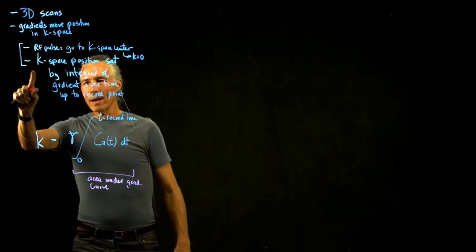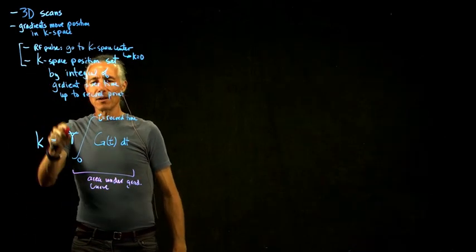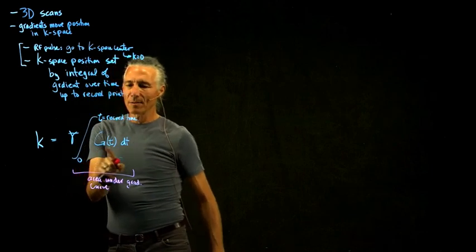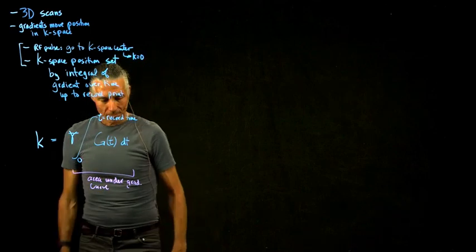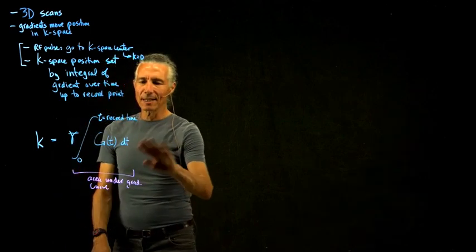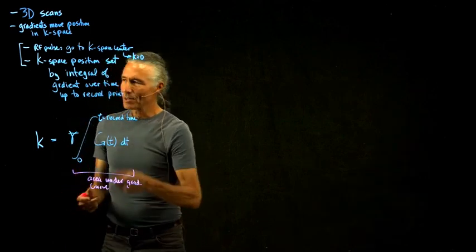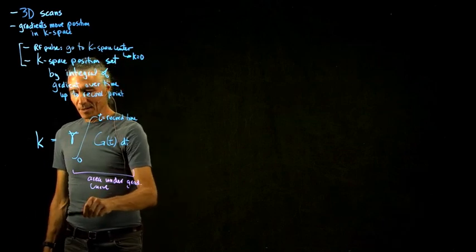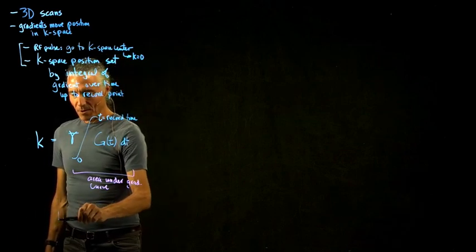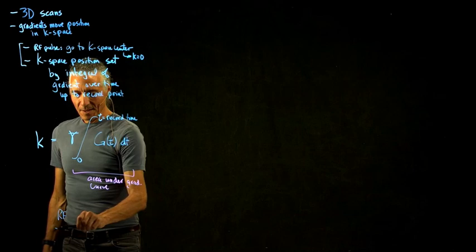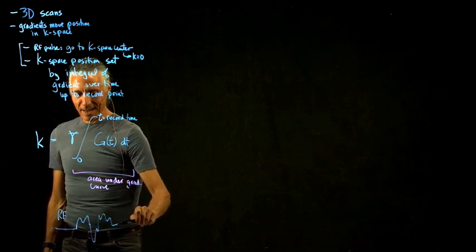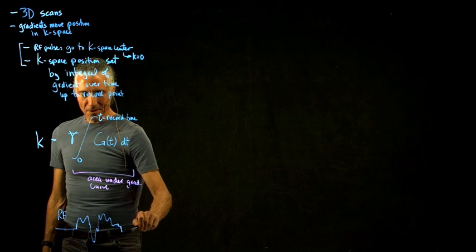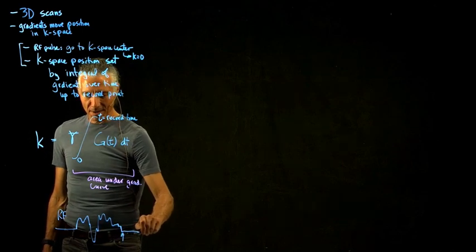And then you turn a gradient on, and then it just depends on how strong the gradient was, and how long it was on. So this is the general equation. This could deal with a situation where you do an RF pulse here, and then you turn the gradient on in some bizarre pattern like that, and then turn it off, and then record a data point there.